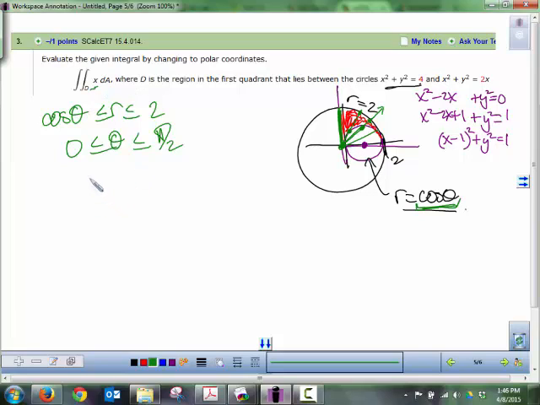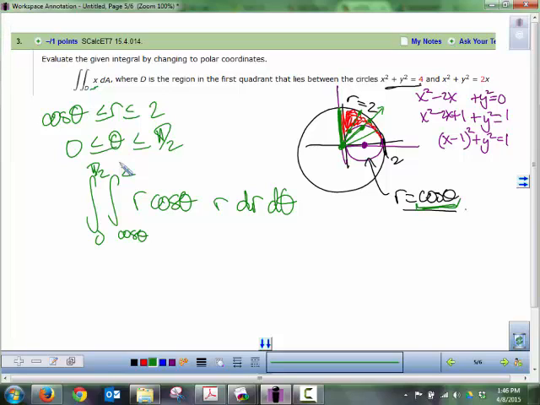This is my x. Let us set up the integral. x is equal to r cosine theta. dA is r dr d theta. And my r limits go from cosine theta to 2. And my theta limits go from 0 to pi over 2. Can I split this up into an r integral and a theta integral?